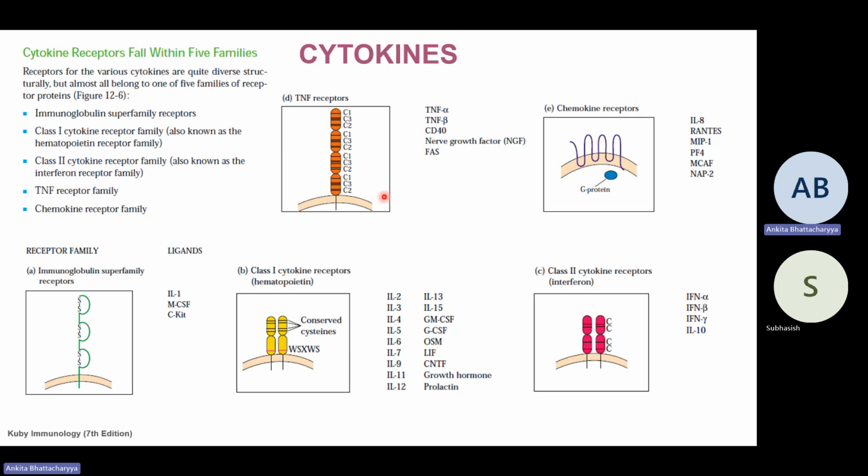Coming to the fourth class, which is the TNF receptor family, or the tumor necrosis factor receptor family. There as well, you can see some very distinguishing ligands like TNF alpha, beta, CD40, nerve growth factor, and the FAS ligand.